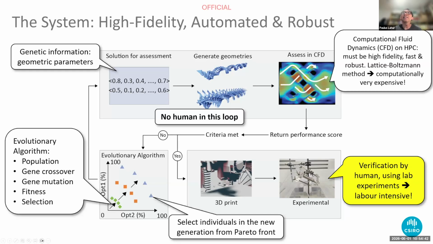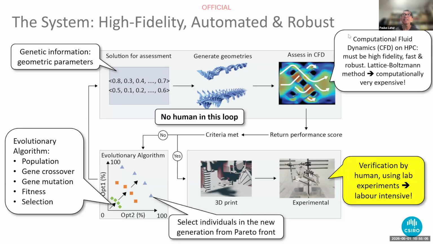And then we assess this geometry using computational fluid dynamics. The CFD needs to be high fidelity, so it doesn't misguide us into the wrong thing. It has to actually reflect how things will work in real life. That means it's going to be computationally expensive.